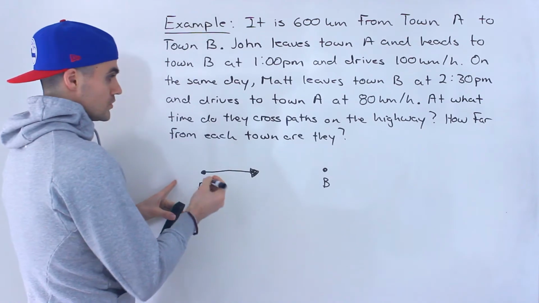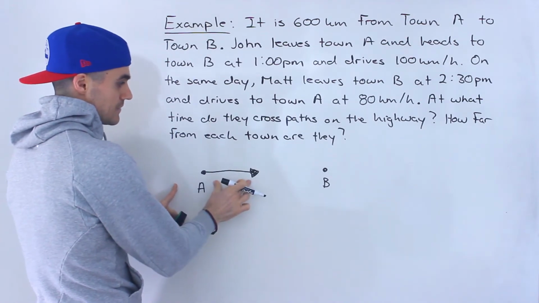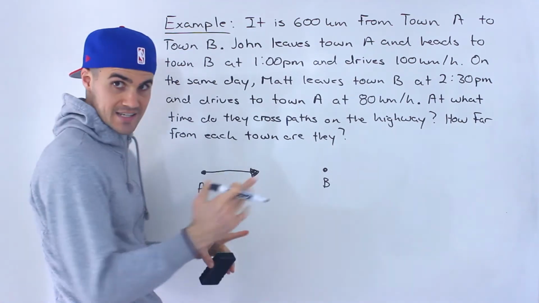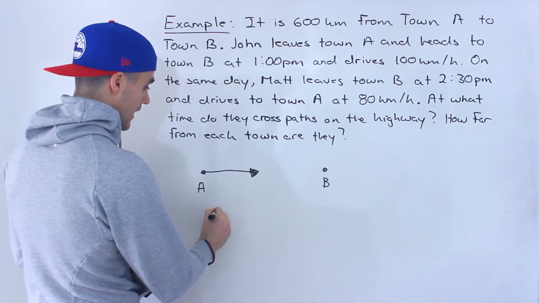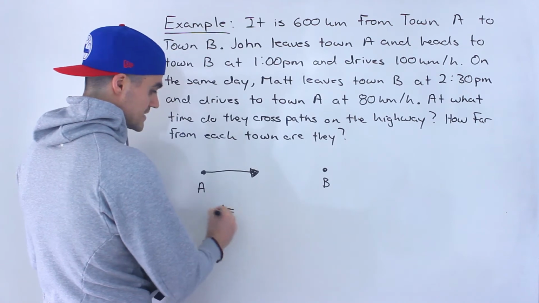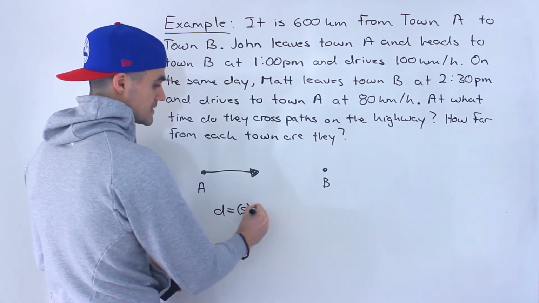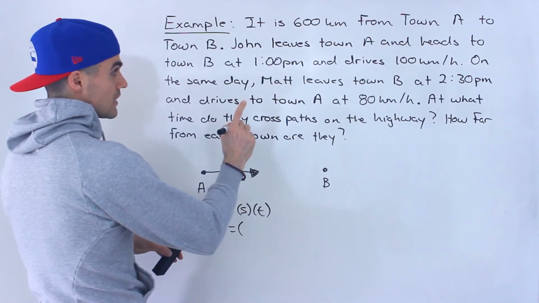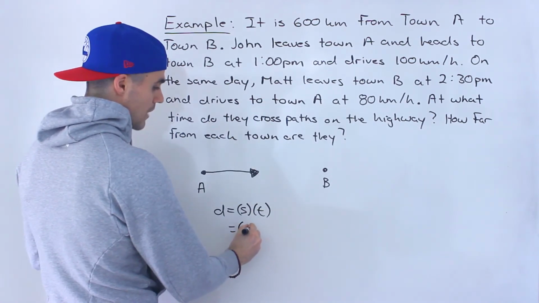Notice that at any time, we can create an expression for the distance that John drove. Distance, in general, is equal to speed times time. The speed at which John is driving is 100 kilometers per hour.